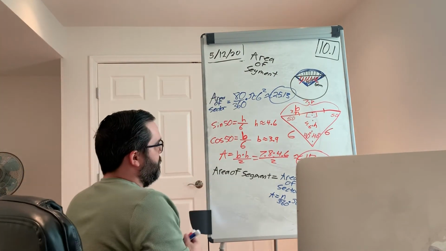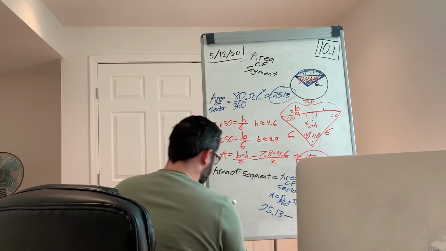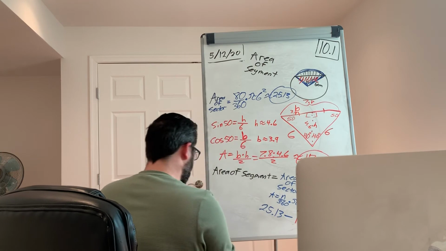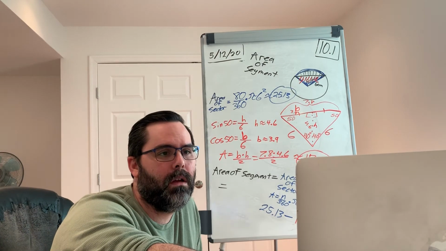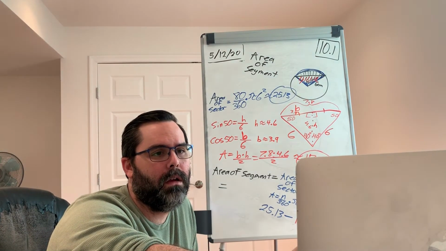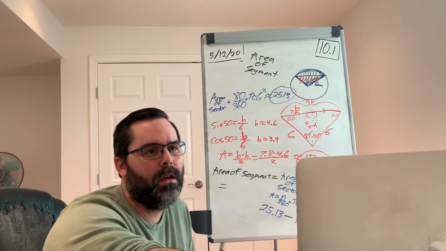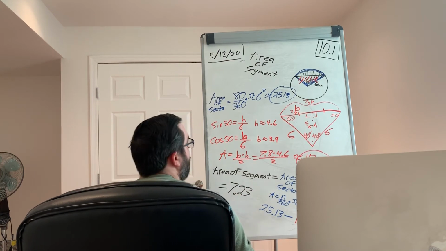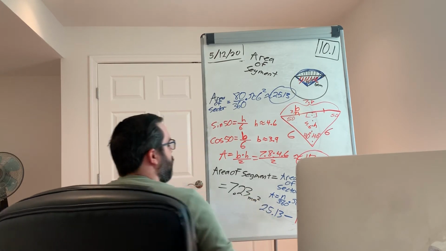Area of the segment is, in this case, 25.13 minus 17.9, which is equal to 7.23 inches or millimeters squared.